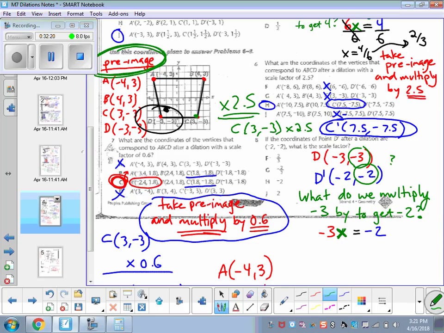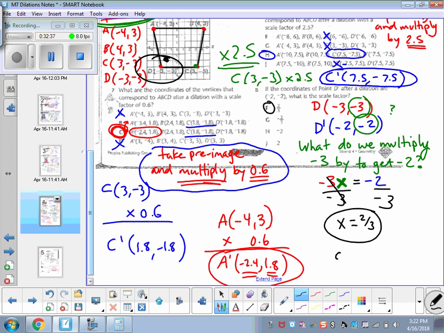It gets multiplied by negative 3 to equal negative 2. So if I simply divide both sides, a negative divided by a negative is a positive. And we can see that our scale factor must be 2/3. To check, what we're saying is if a point started out at negative 3, and had a scale factor of 2/3, is it at negative 2, negative 2?